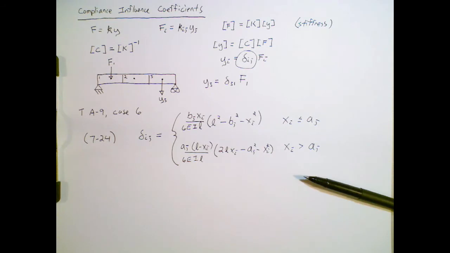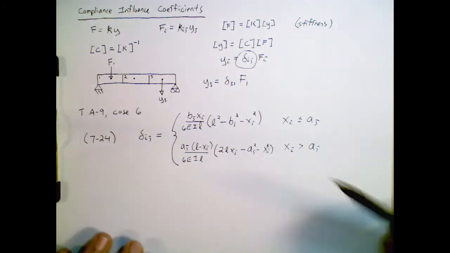So this is a really simple case. You can use superposition and beam formulas that you can look up to really derive what the influence coefficients are for a wide variety of different situations. It's certainly a lot easier if you have a uniform diameter shaft.